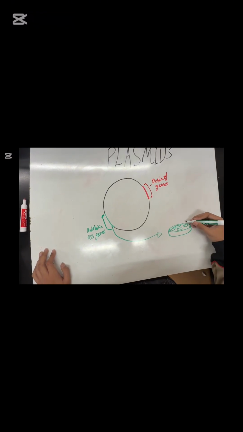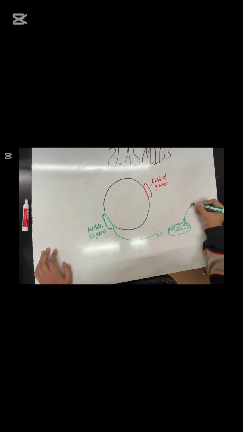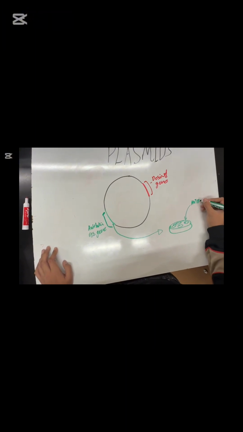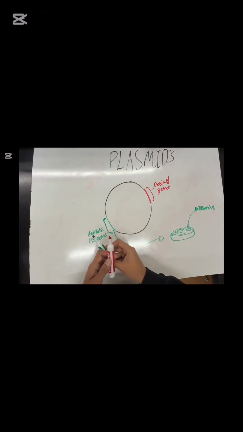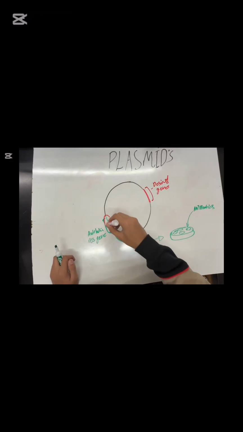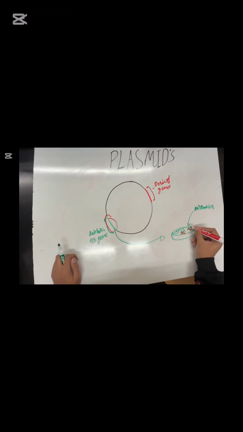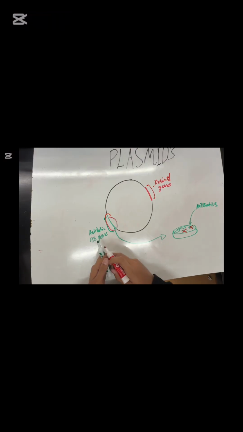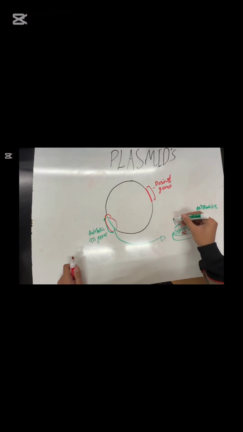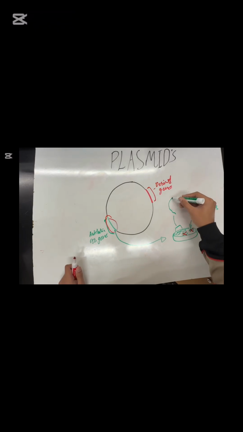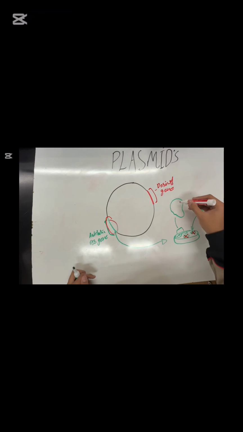However, not all of them will carry the gene we're interested in. So, by adding antibiotics to the growth medium, only cells that contain the plasmid and therefore the resistance gene will survive. This is a selective process that allows us to easily identify and isolate the colonies that actually contain our desired gene, ensuring that the subsequent experiments will use the correct genetic material.